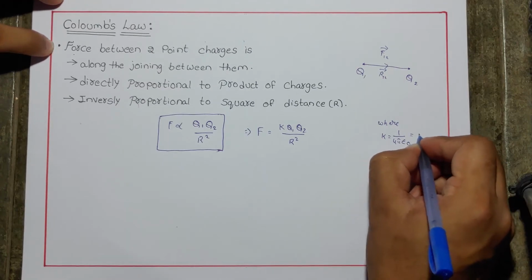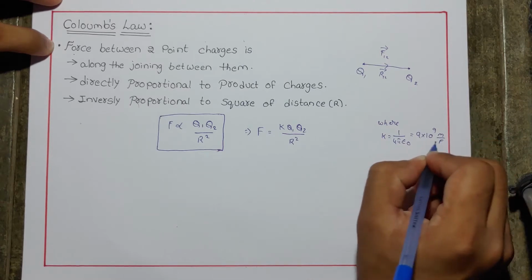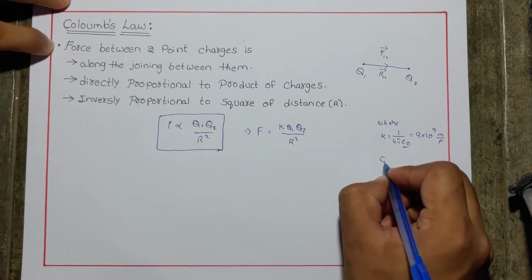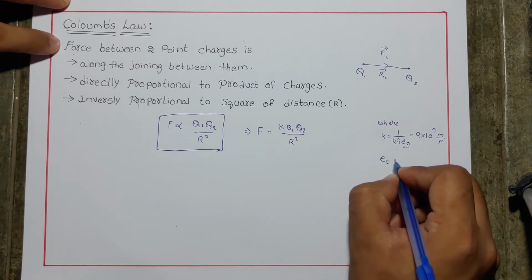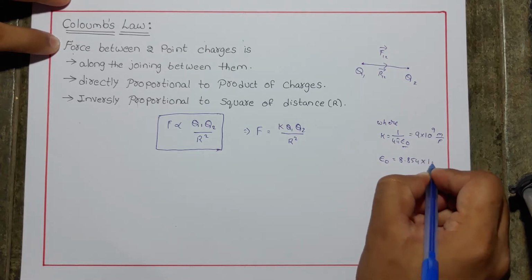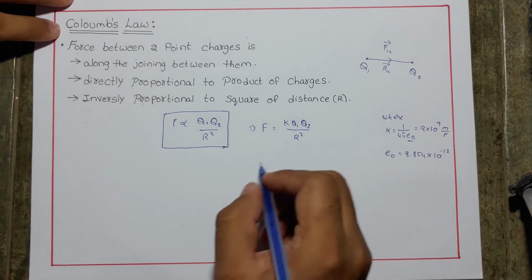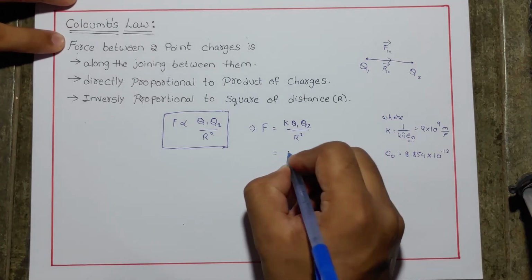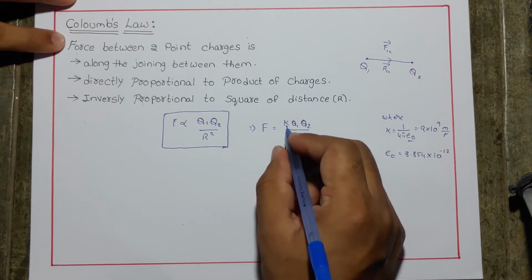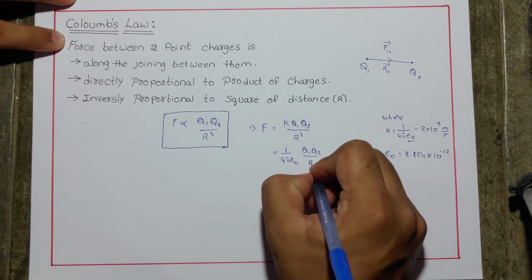Its value is 9 into 10 to the power of 9, and epsilon naught, the permittivity of free space, is equal to 8.854 times 10 to the power of minus 12. Let us put 1 by 4 pi epsilon naught in place of K, times Q1 Q2 by R square.